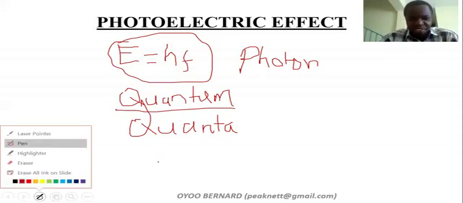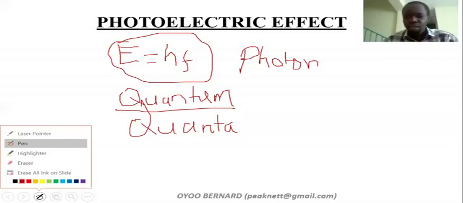With that, we can say that all the light comes from the radiating source. So if it's coming from the radiating source, it's natural that the energy is transmitted as tiny particles, and those tiny particles are the photons.